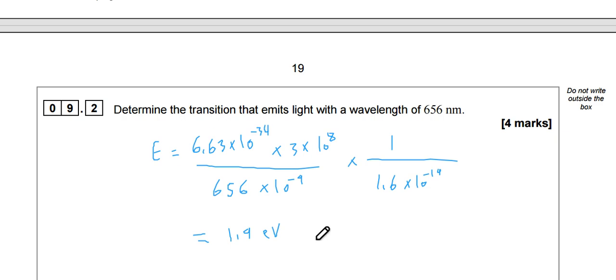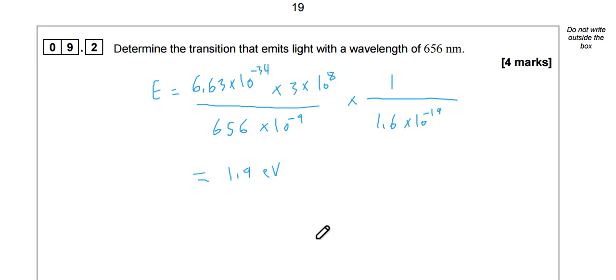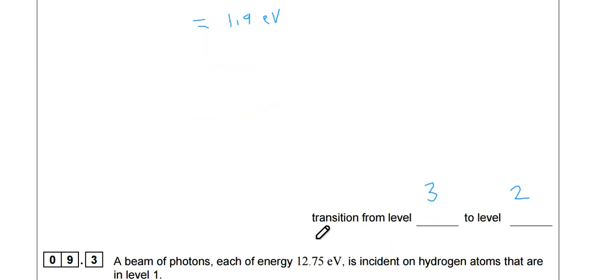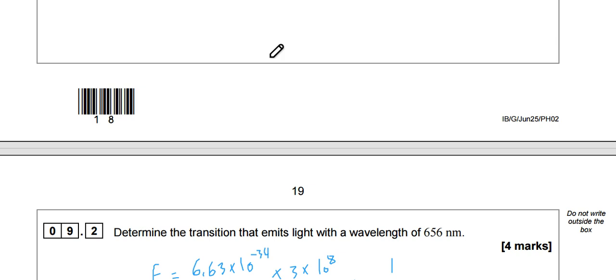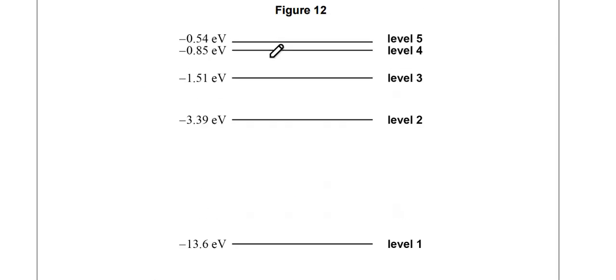If we continue, we should find which two energy levels 1.9 electron volts is the difference between. So it cannot be between level 1 and level 2, or level 1 and any other level.